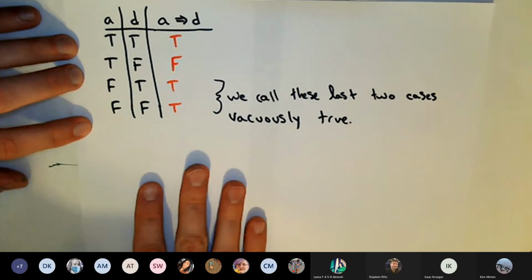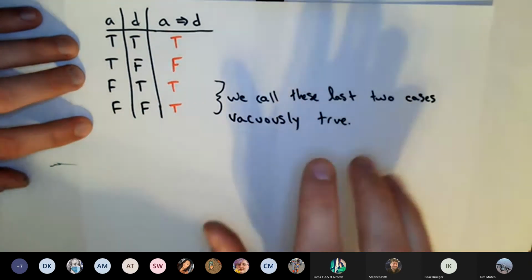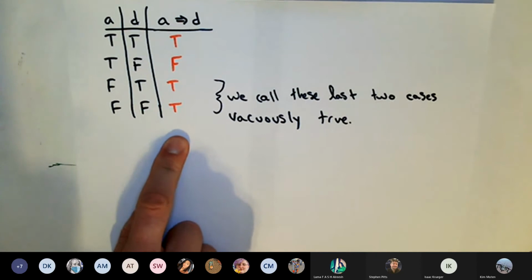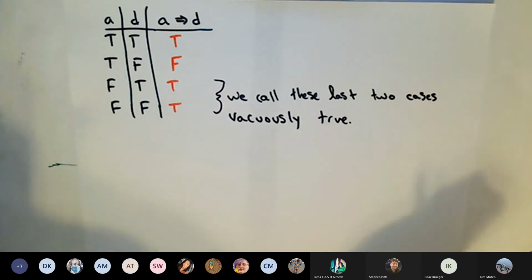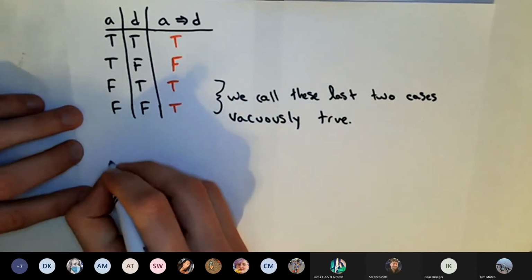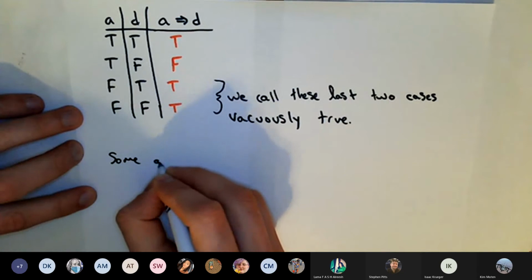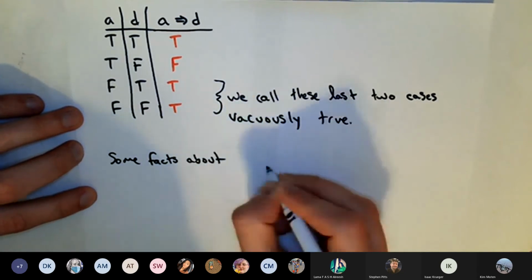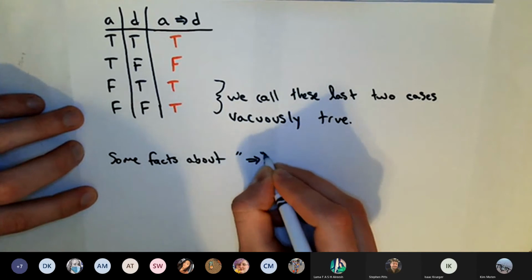But what we need to do, because class is about to end, is write down some facts about these, and then next time we will practice them. So, some facts about the implication statements, implications.